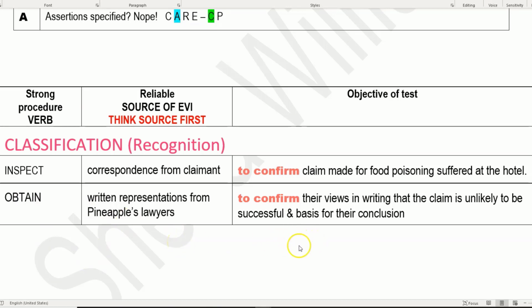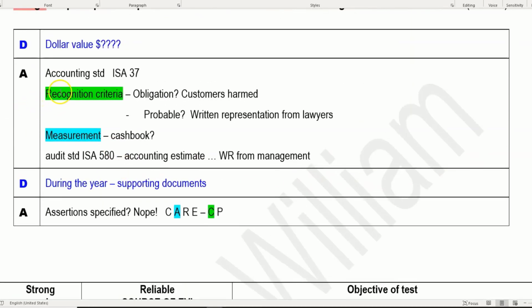To confirm their views in writing that the claim is unlikely to be successful. And very, very important, the basis for the claim. Not just a statement from them saying that it's unlikely to be successful. We need to get the basis down as well. So from here, you can see that we've already covered 2 audit procedures under the recognition criteria. So let's go on to the measurement part.